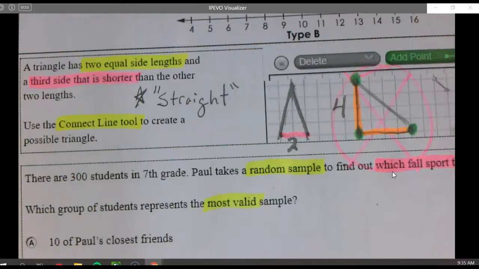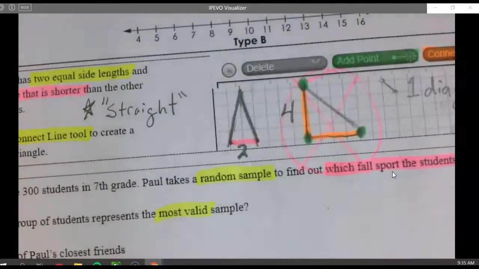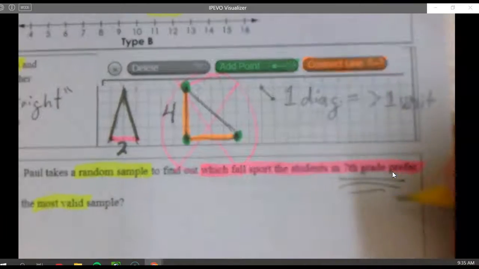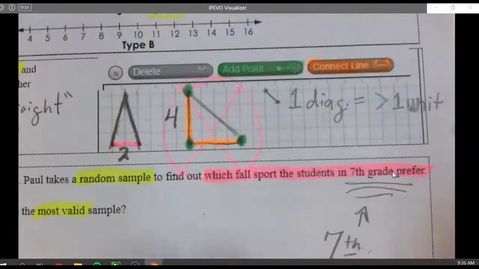So, but, like, could I just ask a random 5 of you? No. Could I just ask a random 5 of 7th graders? Not if I was asking for the whole school's opinion, but Paul only wants the 7th grade. So guys, I would highlight over here, I would like make a note that he's looking at 7th grade only.